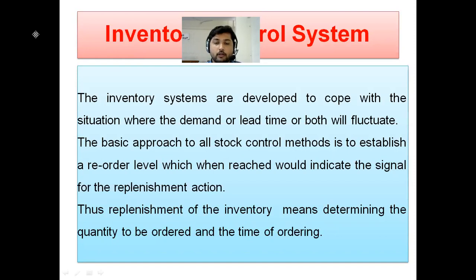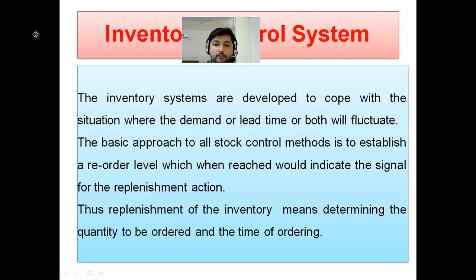a reorder level which when reached would indicate the signal for the replenishment action. Full stop.